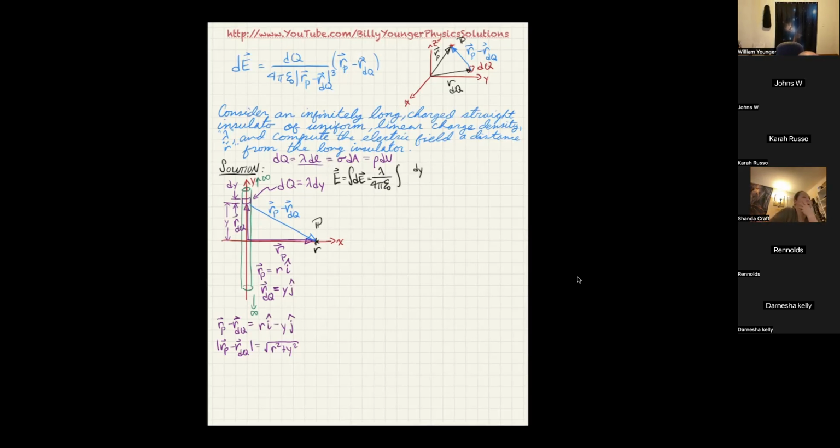And then I've already got the 4 pi epsilon naught down in the bottom, but I need the actual distance cubed here according to the formula. So that's going to be r squared plus y squared to the 3/2. Remember, the 1/2 gives you the r value or the distance, and then you've got to cube it, so that makes it 3/2. And then I also got to multiply by rp minus rdq, and of course that's r i hat minus y j hat.